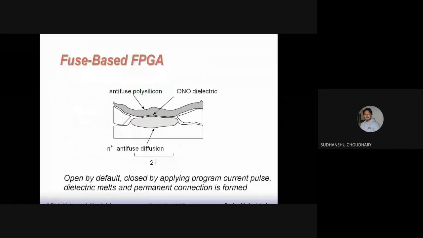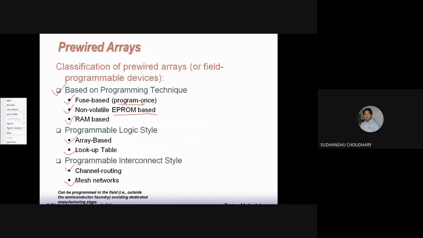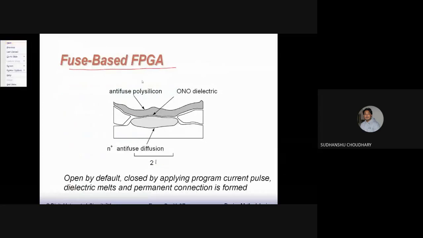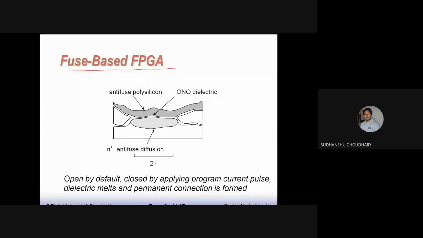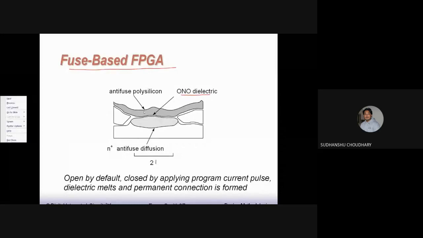Okay. So let us first talk about fuse based FPGA. So fuse based, as has already been mentioned here, you can only program it once. In the fuse based approach, you have an ONO dielectric in between these two layers. So let us say I want to make a connection between these two layers.